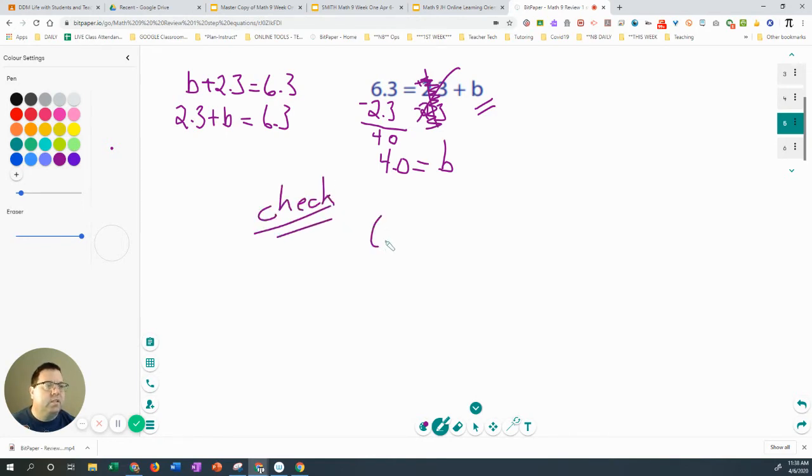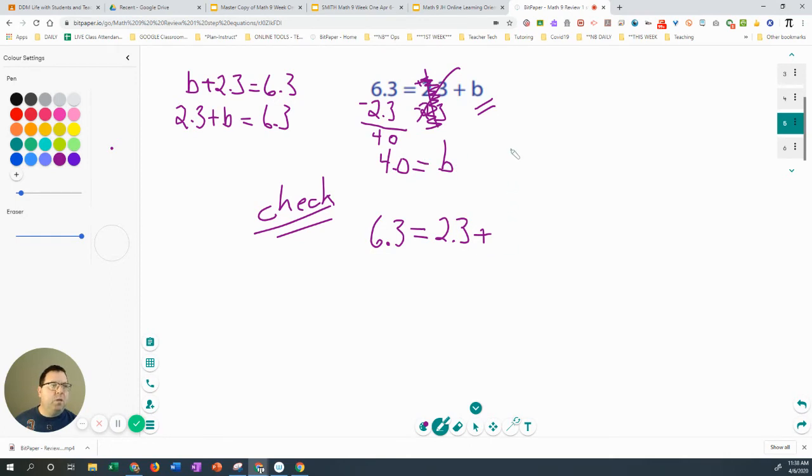So 6.3 is equal to, that's not a very nice decimal, so 6.3 is equal to 2.3 plus, and what is b supposed to be? These are interchangeable now. That's the whole point of getting a solution, because now we have a numerical value, a number that can replace the b.